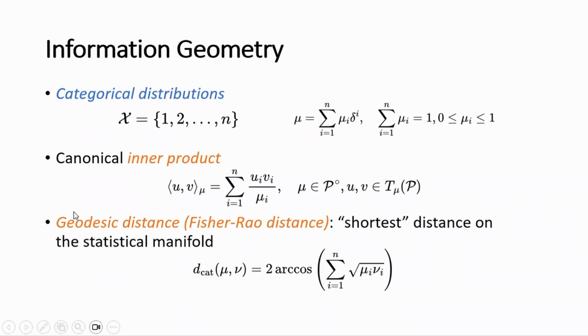The nice thing about the Fisher-Rao information matrix is that we're able to derive the closed form solution of the geodesic. And if we have closed form solutions, we know how to interpolate between the distributions along that Riemannian manifold, and we can apply what we learned today on Riemannian flow matching.